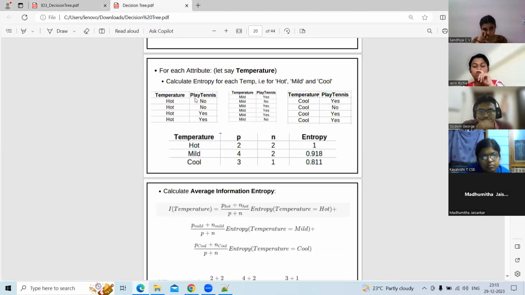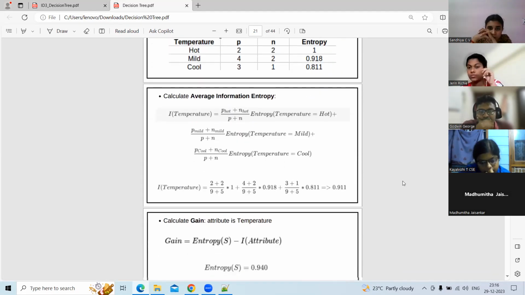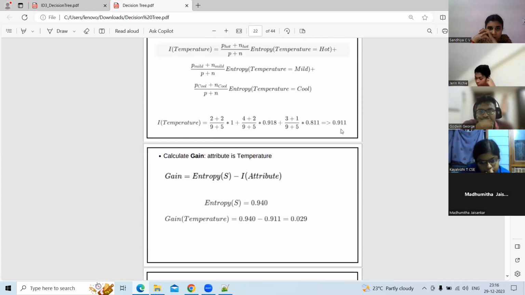There are 3 values here. Based on which we will find out how many yes, how many no. Again, we'll calculate entropy and average information in a similar way. And this information is 0.911.